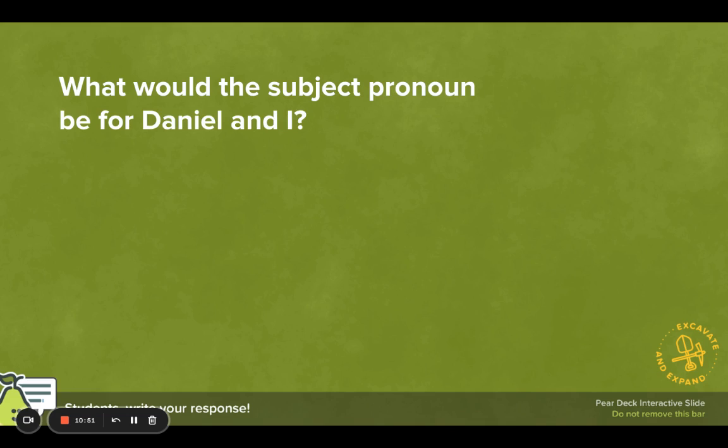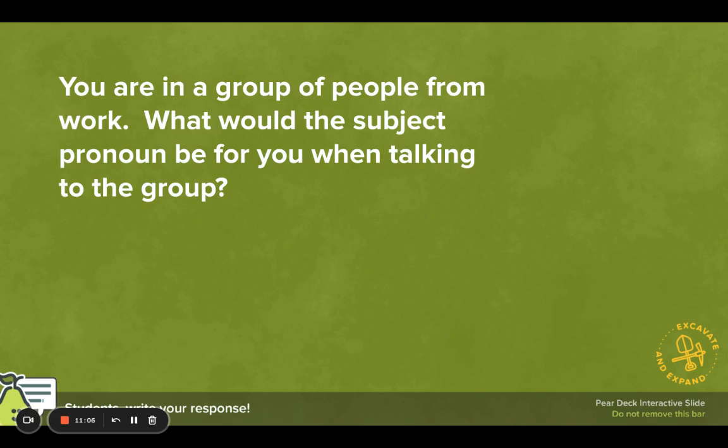This one has the word I in it, so first person automatically overrides second and third person. The minute it has I, it will be nosotros or nosotras. If I'm speaking to a group of people at work, this would be formal. So this would be ustedes.